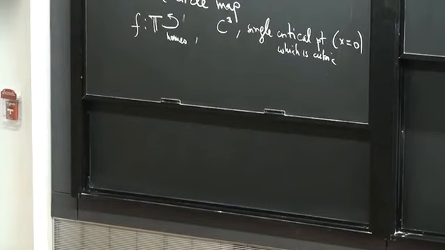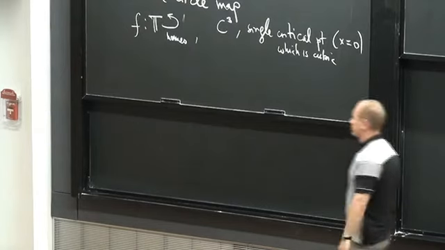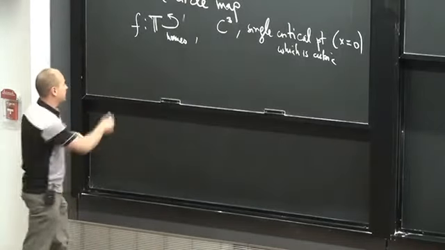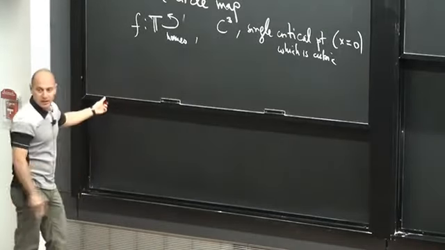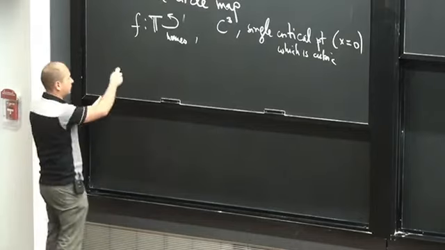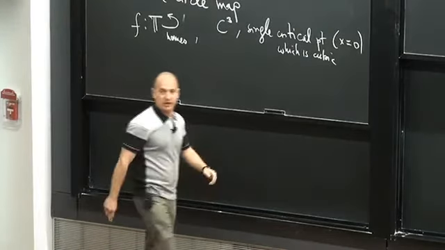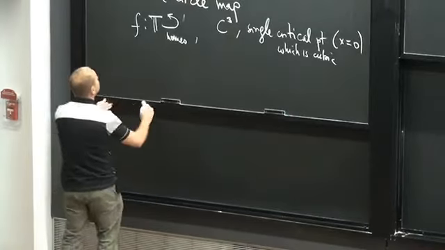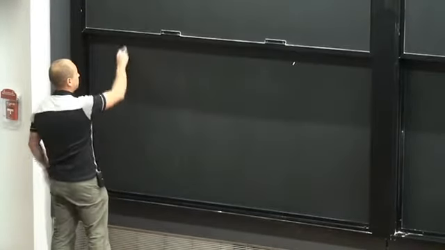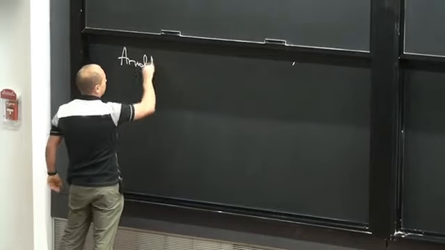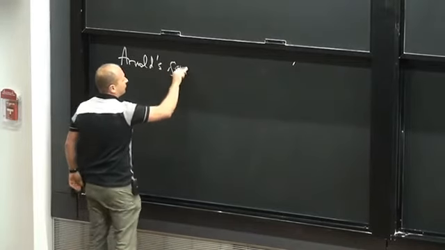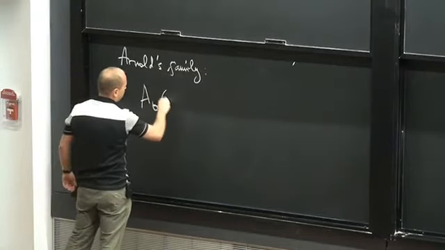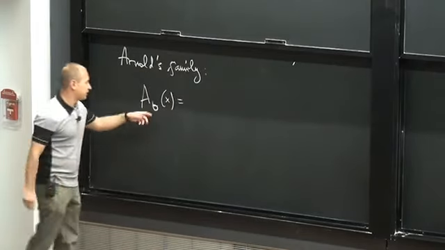Okay, so well, might as well. Here's a useful formula. This is a well-known one-parameter family of critical circle maps known as the Arnold's family. These analytic maps, like I said, it's a one-parameter family.